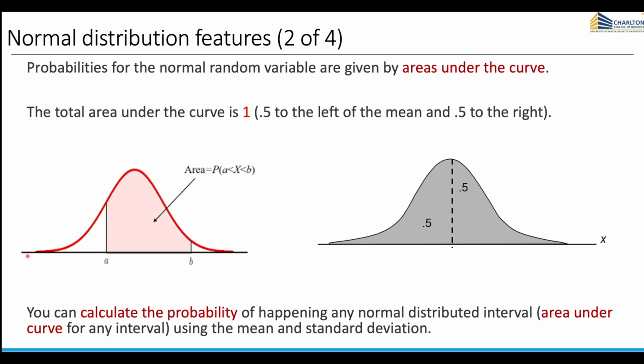So to keep it simple, we show the normal distribution over x values. The area under the curve is 1, and since the normal distribution is symmetric, the left half area is 0.5 and the right half area is also 0.5.